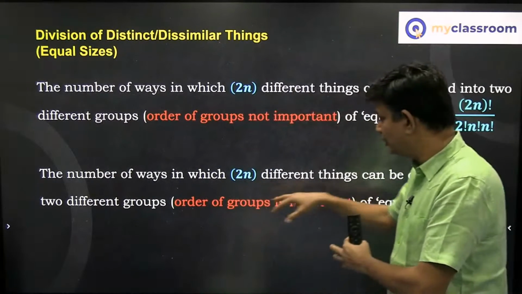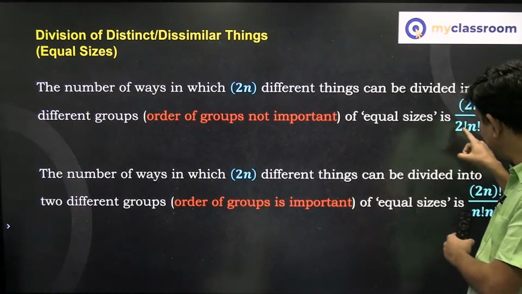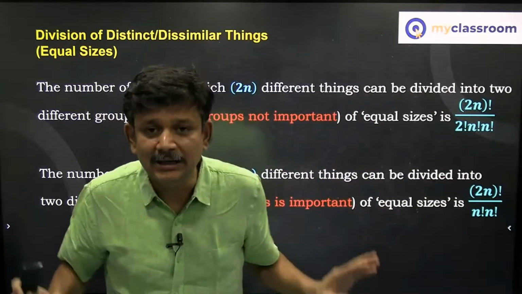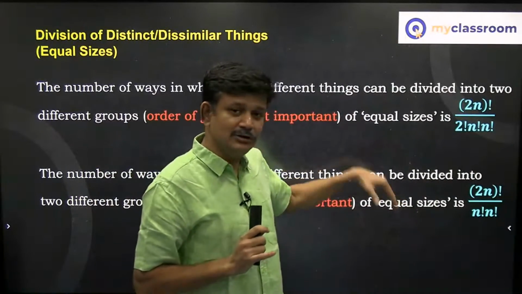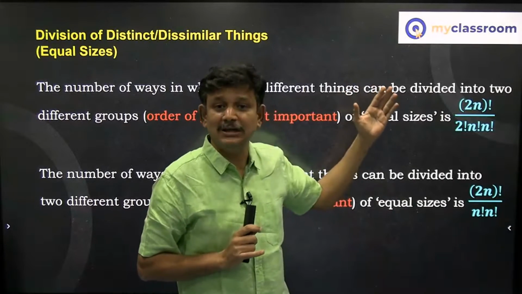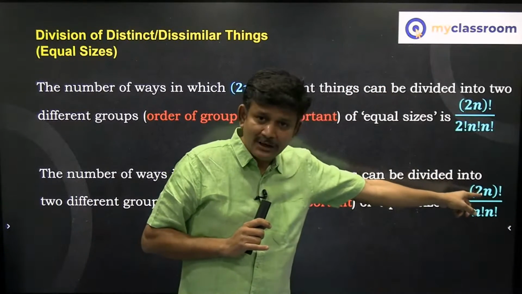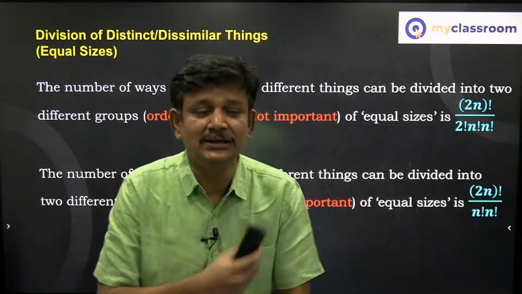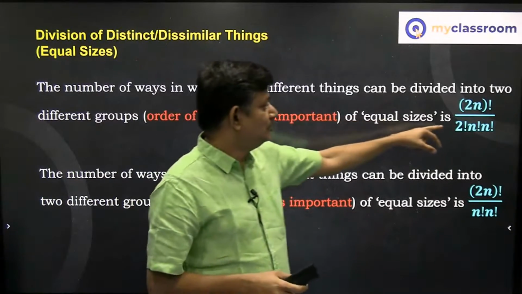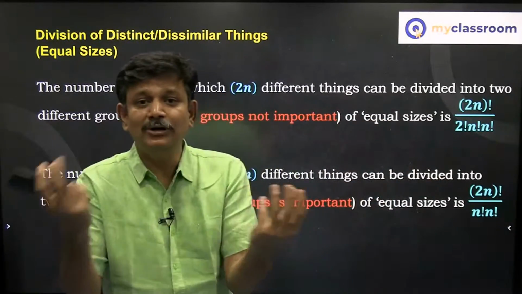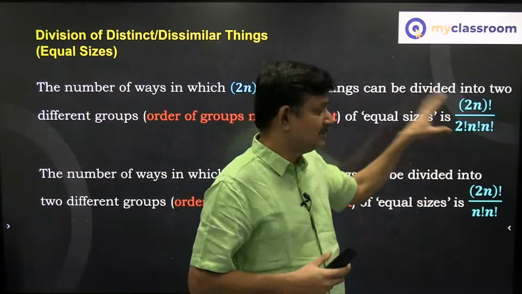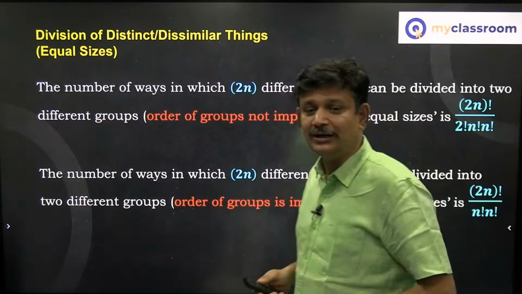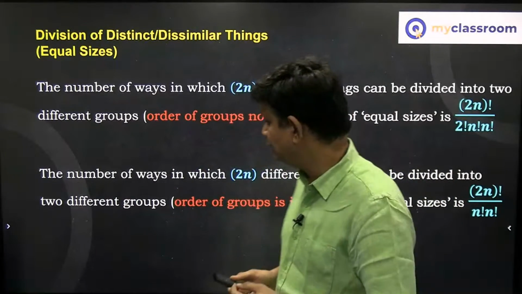So whenever order among the groups is important, the division by 2 factorial will not be there. That's it. This is similar to the previous unequal case, where m is the same as n, and you get the result. Only when the boxes are identical do you have to be careful to divide by the permutations among the boxes, that is, by 2 factorial if you have 2 identical groups, 3 factorial if you have 3 identical boxes.